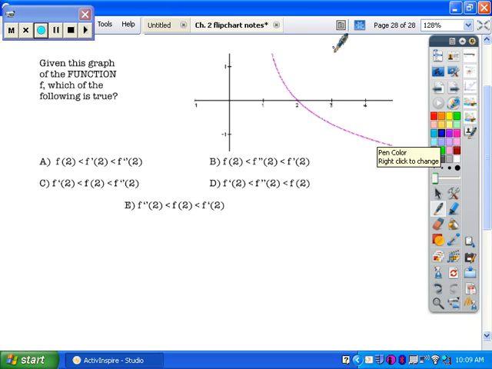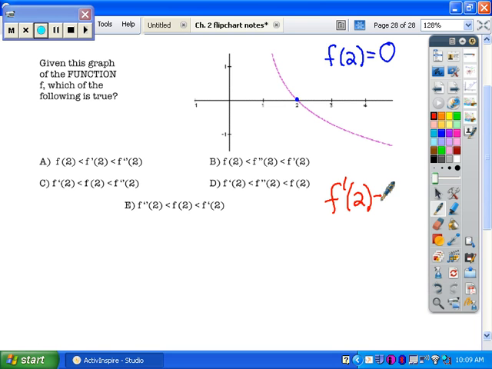So first of all, f of 2. What does f of 2 equal? 0. That's simply the functional value. Now let's look at f prime at 2. What does the first derivative at 2 tell us? The slope of the tangent line.